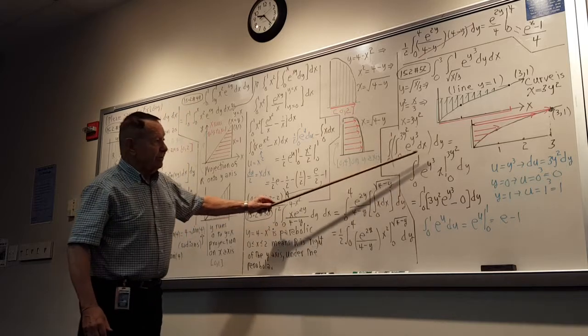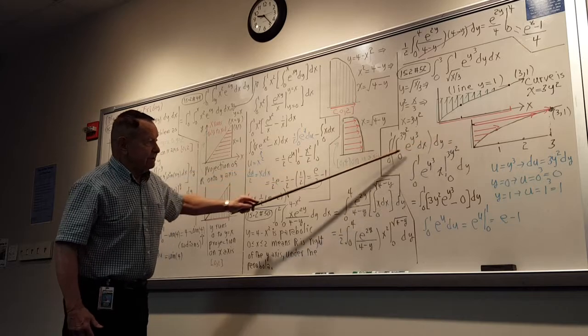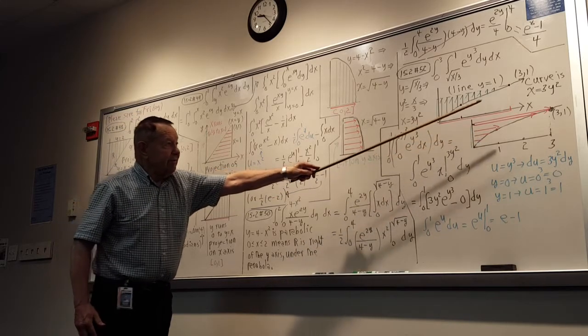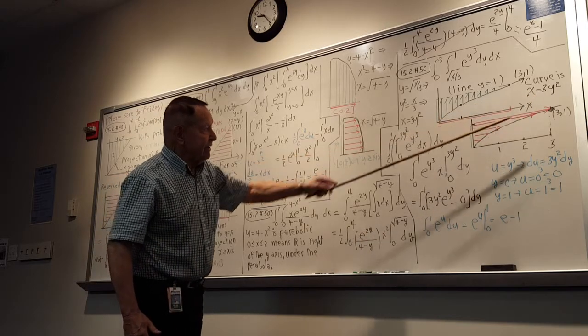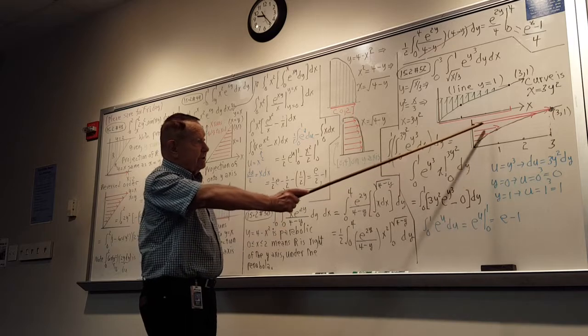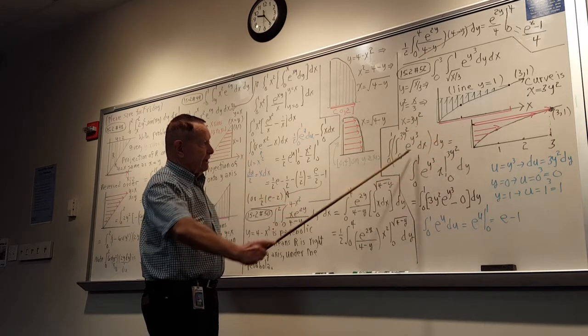So in the reversed order, which means x first, x goes from 0, which is the y-axis, to the curve. Well, what is it? 3y squared. And then the projection on the y-axis is 0 to 1.